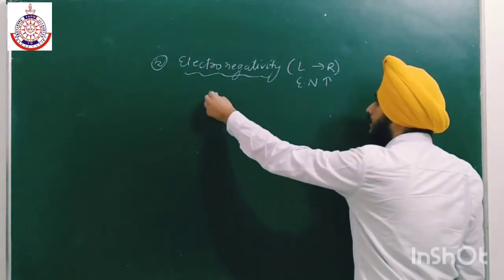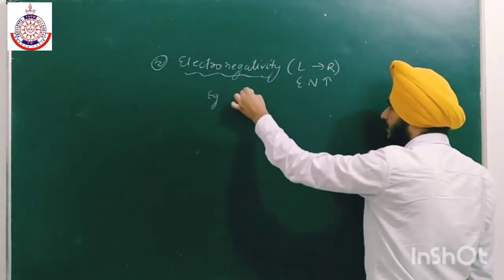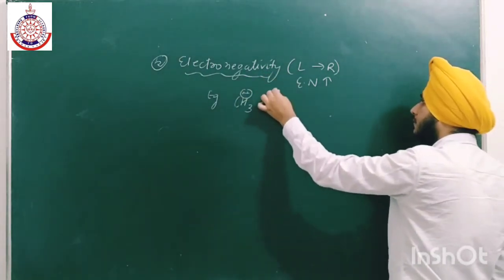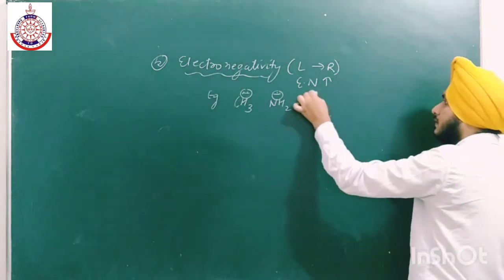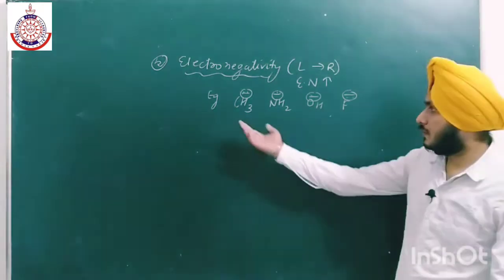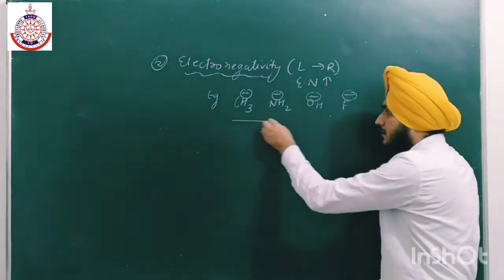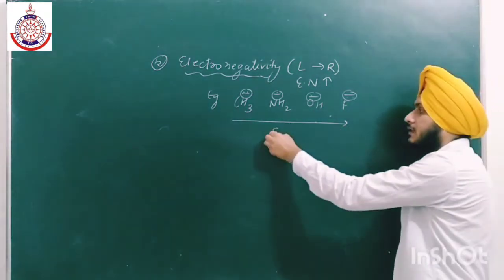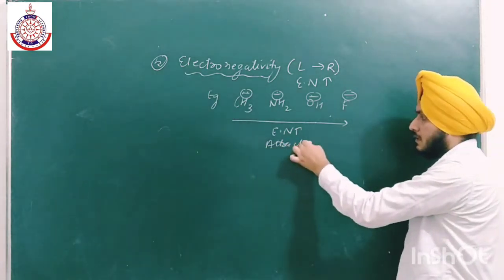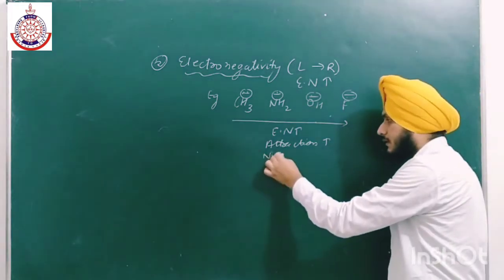I am taking an example: we have CH3 negative with lone pair, NH2 negative with lone pair, OH negative. These all are nucleophiles, and at last we have F negative. As we go from left to right, the electronegativity increases and the attraction towards the nucleus increases, and the nucleophilicity will decrease.